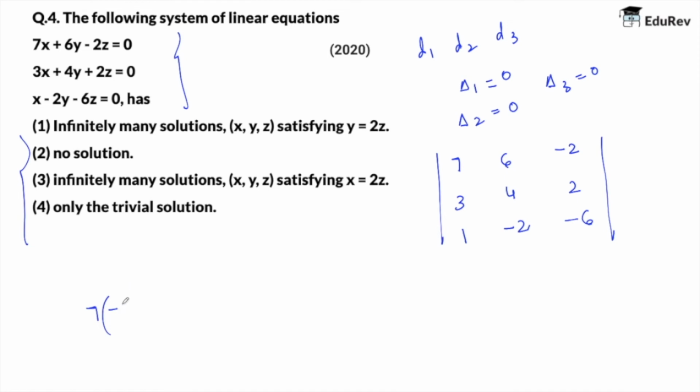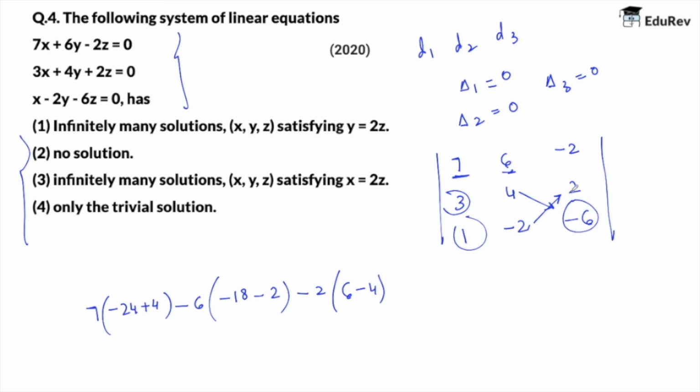So when I am solving this, I will write 7 into minus 24 plus 4, minus 6 into minus 18 minus 2, into 6 minus 4. That is what I've done. I've written 7, then this multiplied by this minus this multiplied by this, then 6, this multiplied by this minus this multiplied by this, and then minus 2, that is 3 times 2 minus 4 times 1.